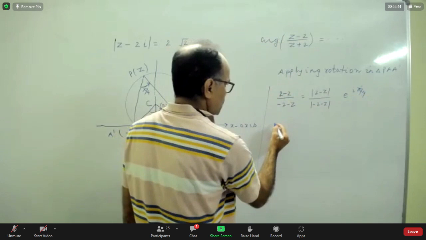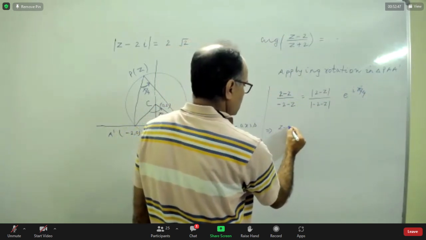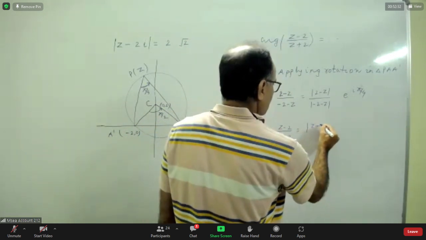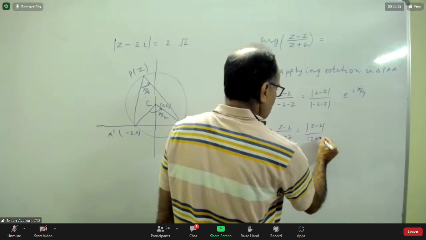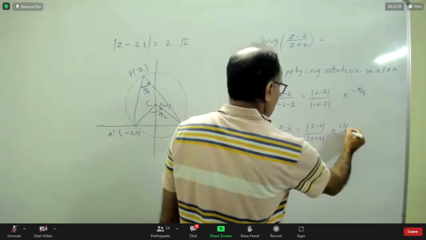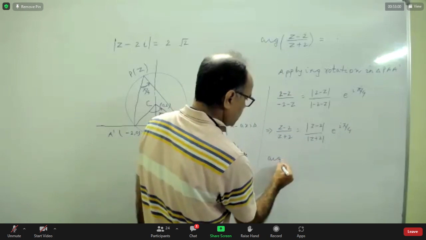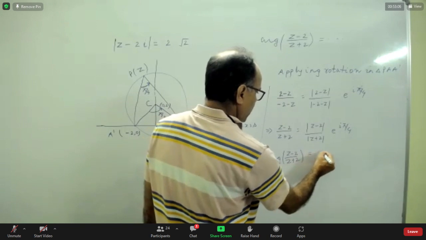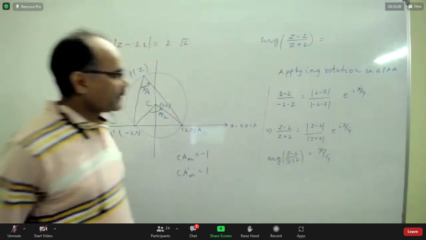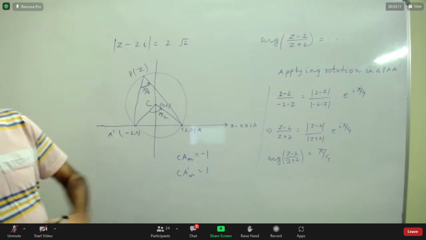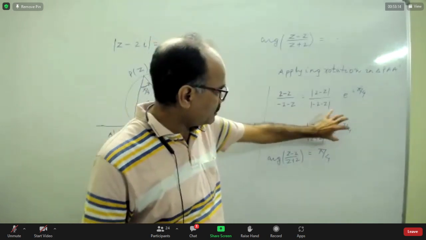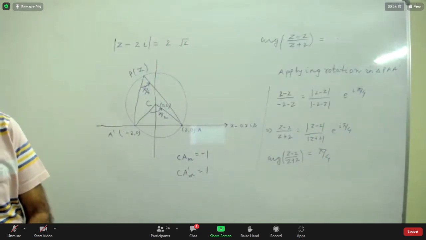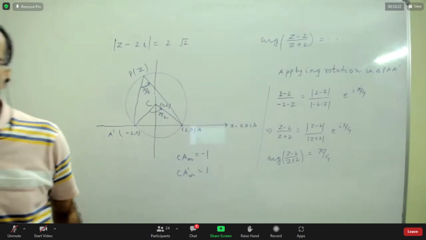So this is nothing but z minus 2 by z plus 2 equals mod of z minus 2 by mod of z plus 2 into e to the power i pi by 4. So the argument of z minus 2 by z plus 2 equals pi by 4. This is a complex number whose magnitude is r into e to the power i theta. Okay, any doubt?